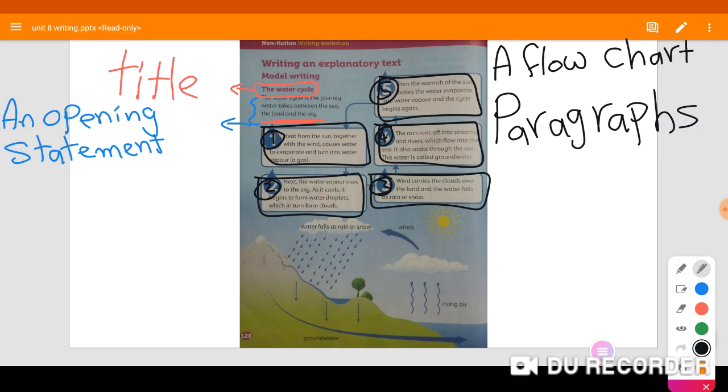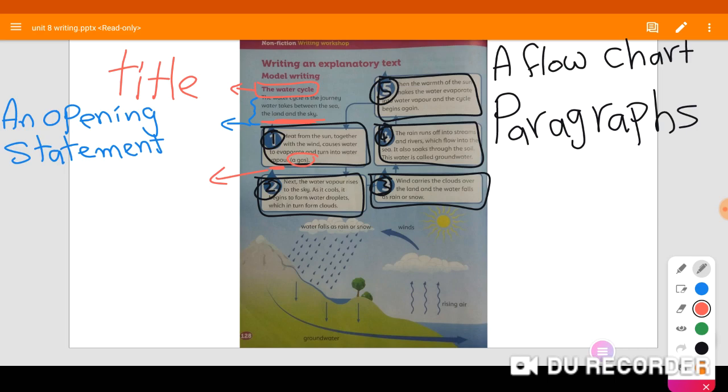Okay, let's start reading number 1 together. Heat from the sun together with the wind causes water to evaporate and turn into water vapor. That means a gas. I have a word between brackets, which is a gas. Which word has the same meaning as gas? The word vapor, okay? So we have a new feature which is explains difficult words.